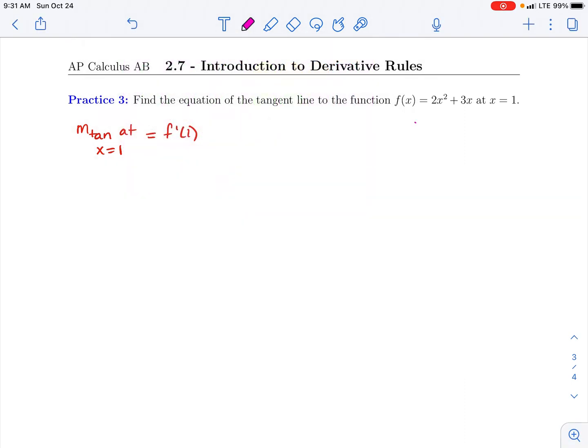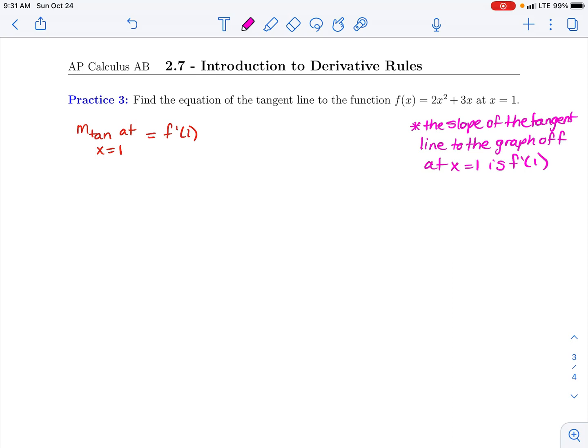Over in the corner, I'm just going to remind you, the slope of the tangent line to the graph of f at x equals 1 is the derivative at 1.